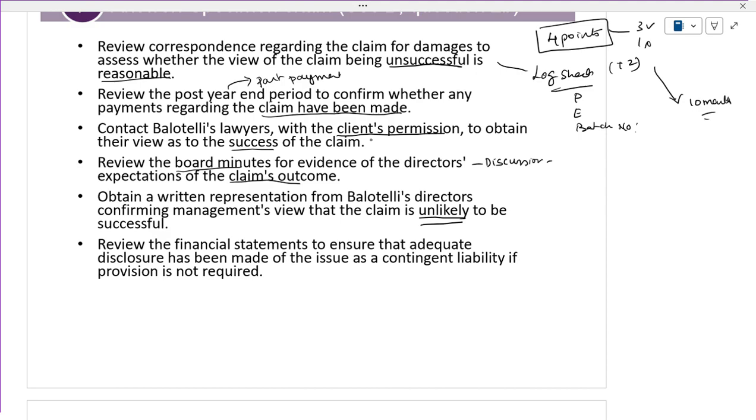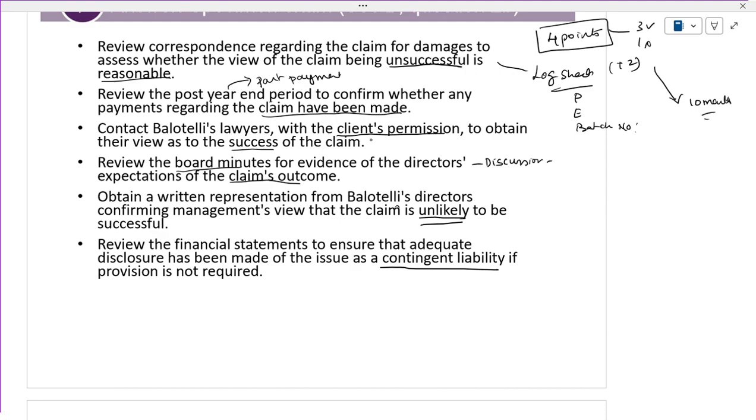Review the financial statements to ensure adequate disclosure, with contingent liability. Always keep in mind, whenever it is a disclosure in financial statements, especially the notes to the accounts, that as an auditor or accountant, the notes to the accounts are almost 55% of the source of evidence.